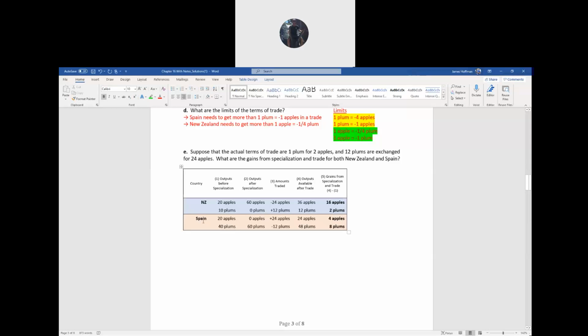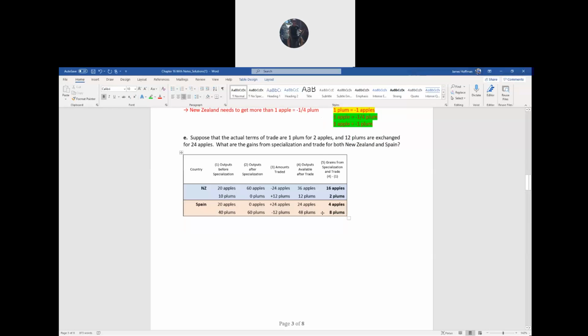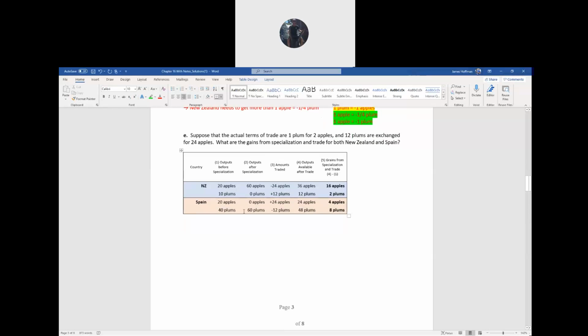Now we have 24 apples for Spain. They started with 20, so that's a plus 4. And now we have 48 plums. Initially they had 40, and that's a plus 8. So basically, all the countries got additions in all the goods. New Zealand got a plus 16 apples, a plus 2 plums, and Spain got a plus 4 apples and a plus 8 plums.